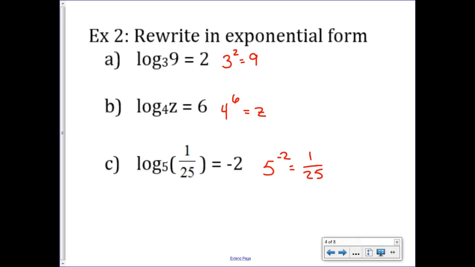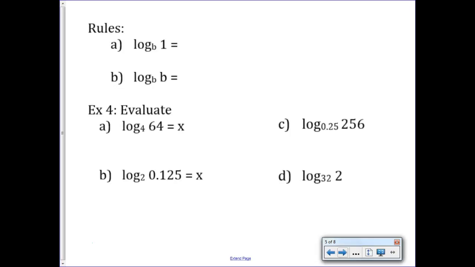So we can go back and forth, rewrite it how we need to. Letter B here makes more sense to be written in exponential form because we can solve for z in that case. But it makes more sense, that first problem, to rewrite in log form, that first problem that we looked at on the previous page.